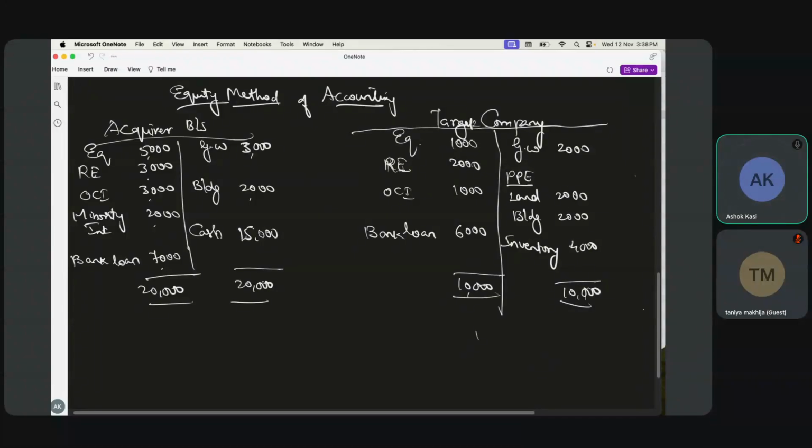Now its market value is 12,000. And depreciation is straight line method, depreciation for 10 years.